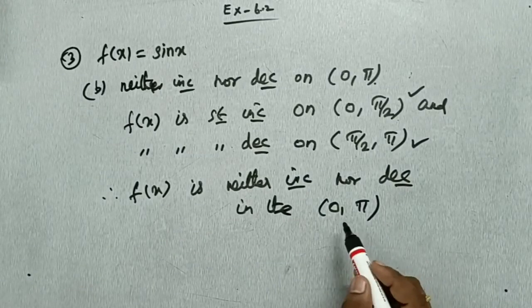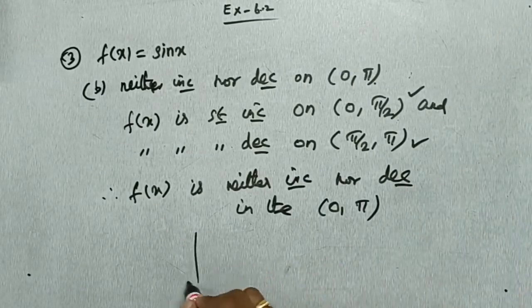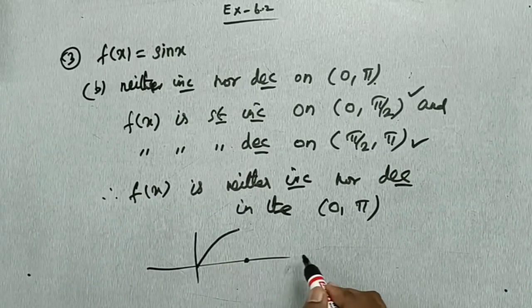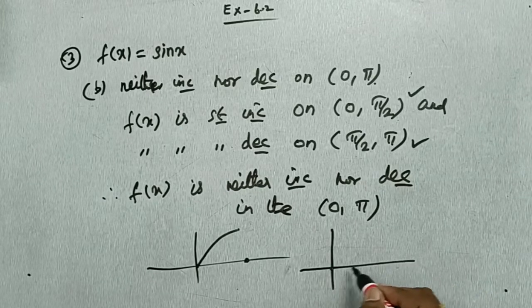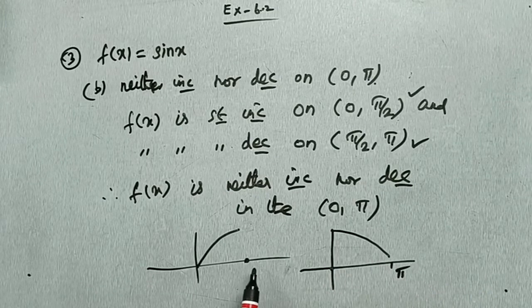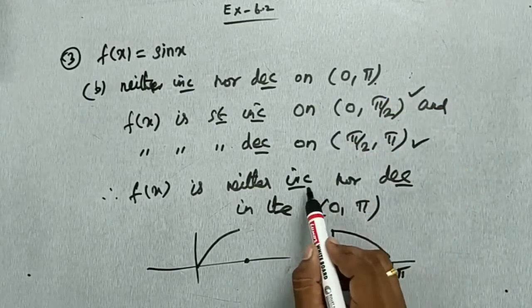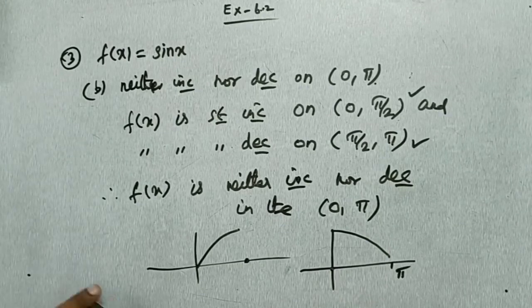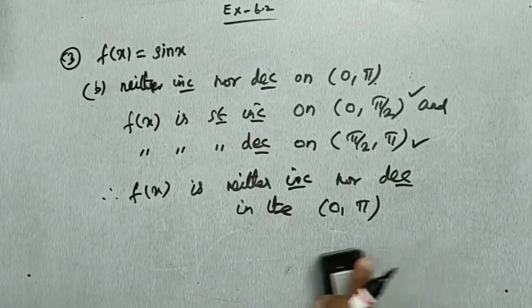If it is increasing, it must increase on the whole interval 0 to pi, or if it is decreasing, it must decrease on the whole interval 0 to pi. But here it is increasing on a certain partition and decreasing on a certain partition. So clearly it is neither increasing nor decreasing.